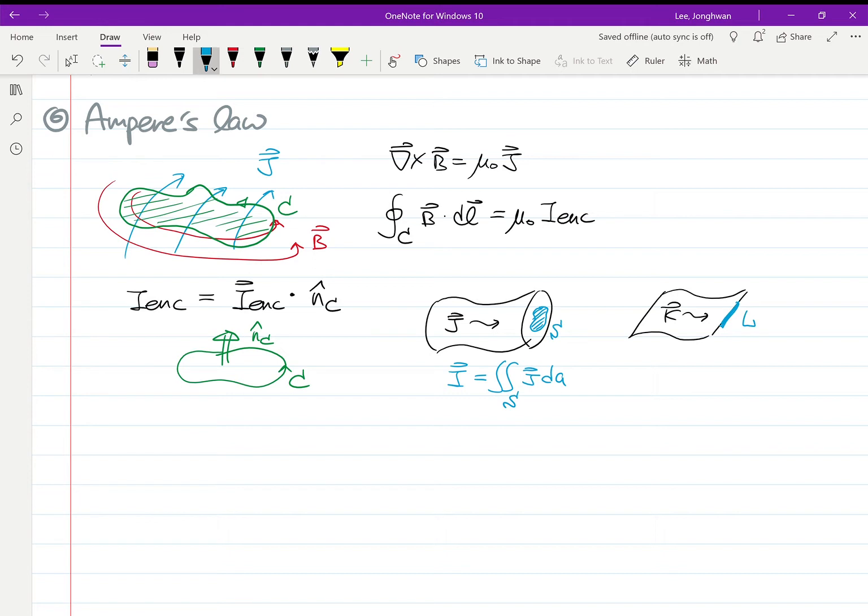The current is obtained by K dl, so the vector I will be obtained by the line integral of the surface current density K.